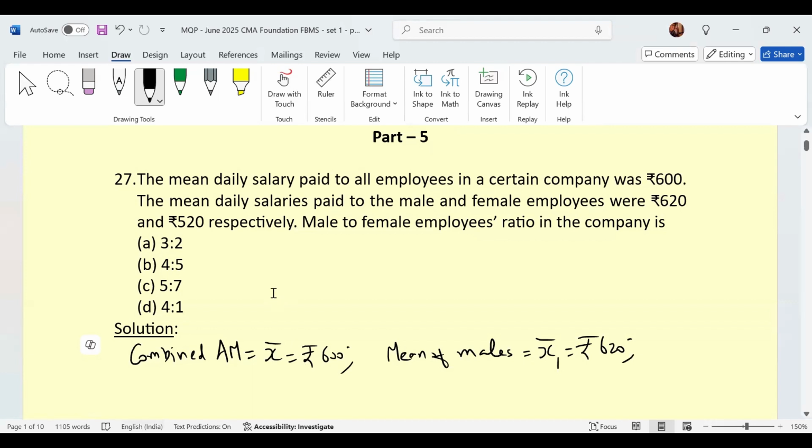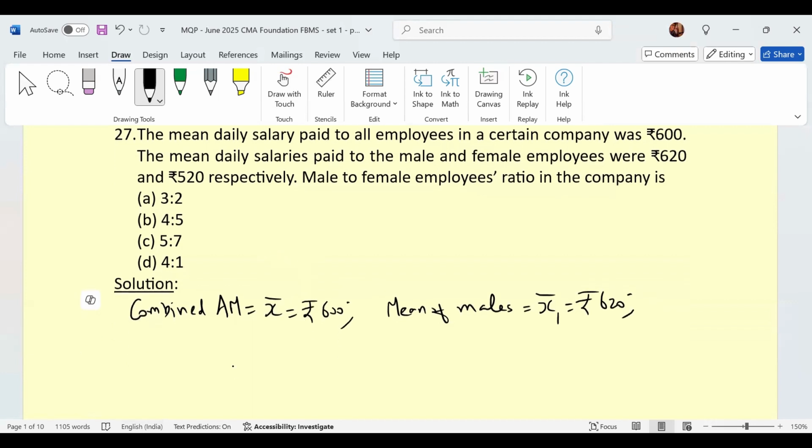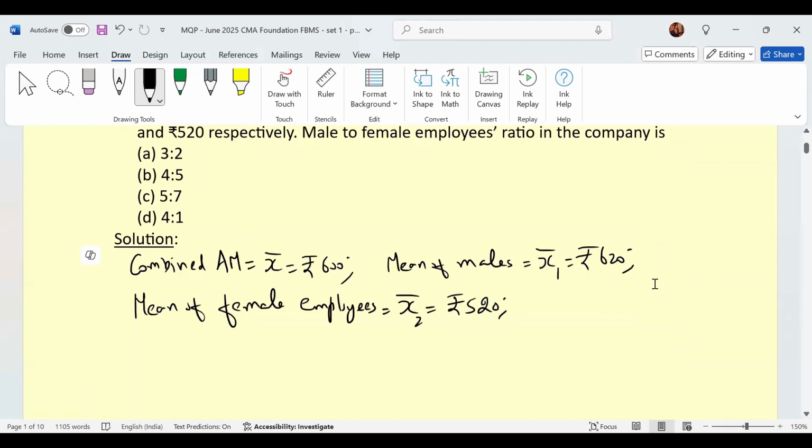Then mean of female employees, we will consider that as X2 bar, that is given as rupees 520. They haven't given us how many males and how many females.